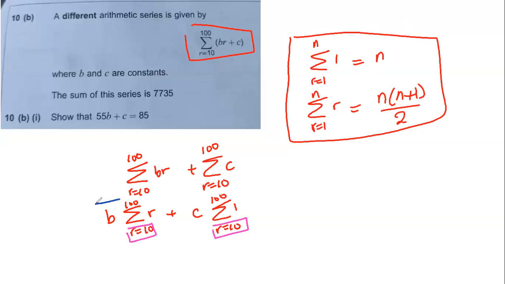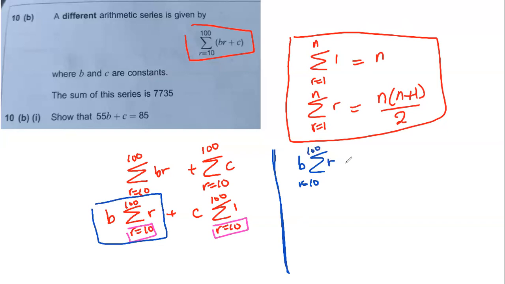Let's take the first example. b into the summation from r equals 10 to 100 of r, we can rewrite as b into the summation of r from 1 to 100 minus b into the summation from 1 to 9 of r. So now let us work this out.